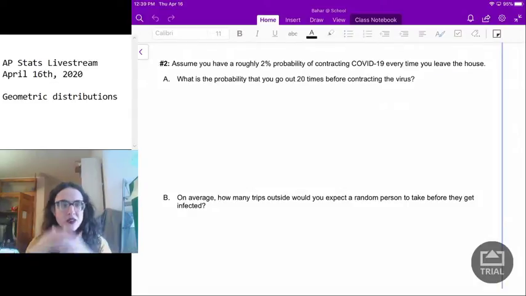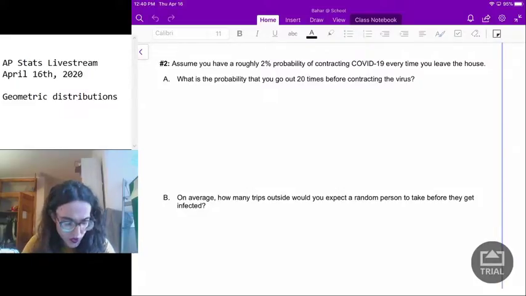If you know nothing else, this 2% number represents the average. So we have this very broad probability, and this is every time we leave the house. Essentially, when we think about this problem, there is something binomial-ish about this.